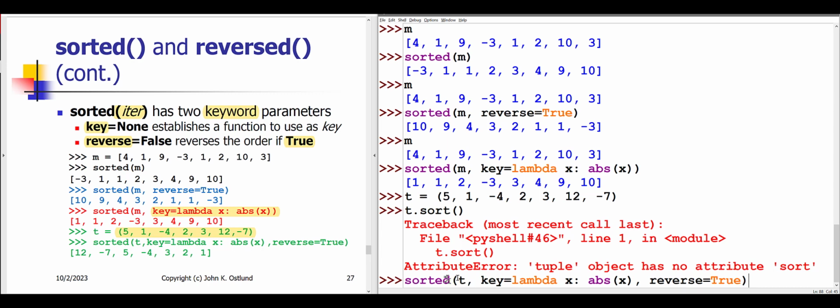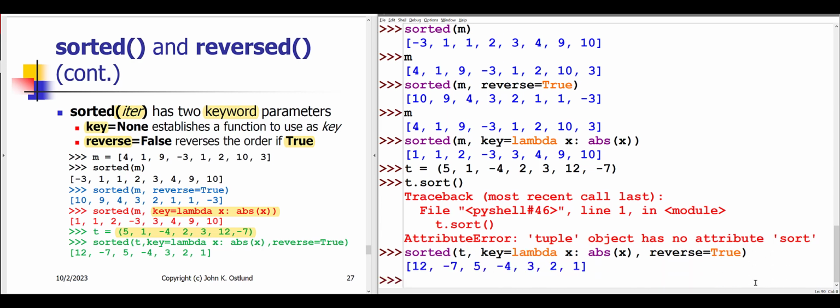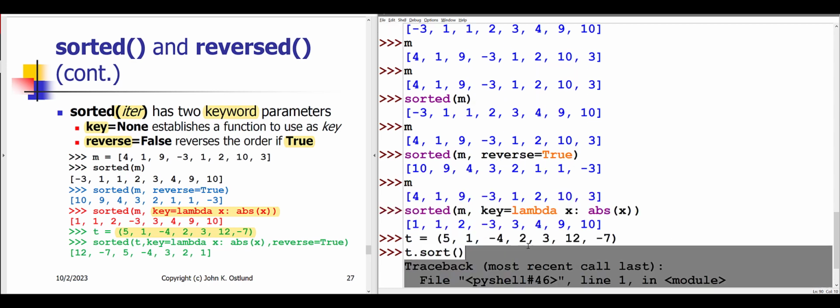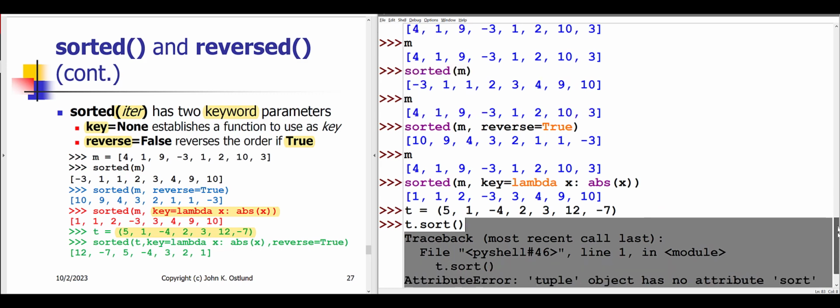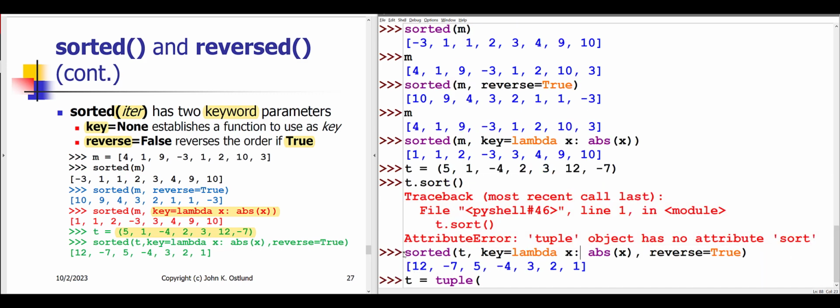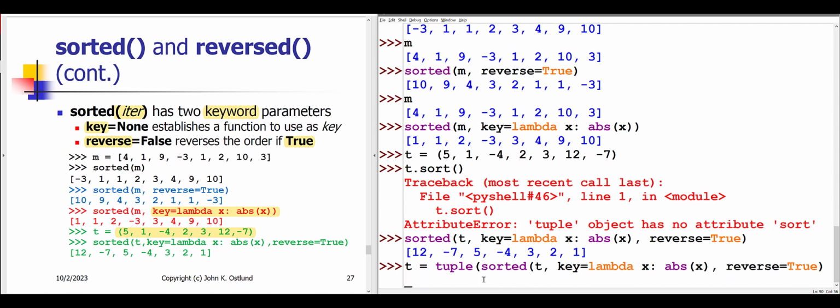When I sort anything using sorted, what I get back is a list. Okay, so when I say sorted on any iterable, what I get back is a list. But I could put that back into T, or technically change the variable T to refer to a different thing by using my tuple conversion function on this sorted list.